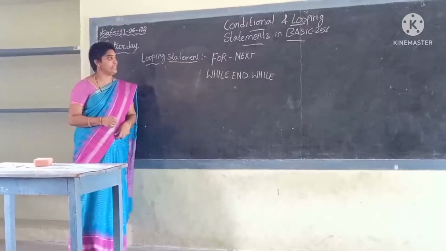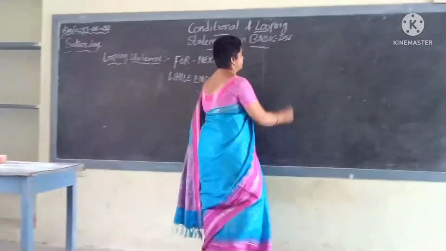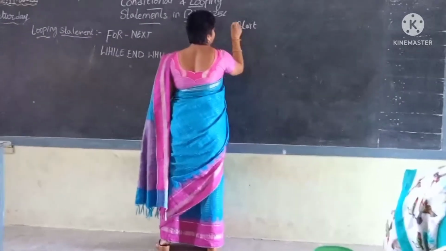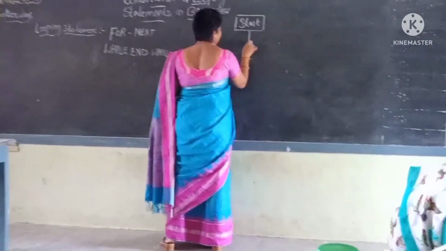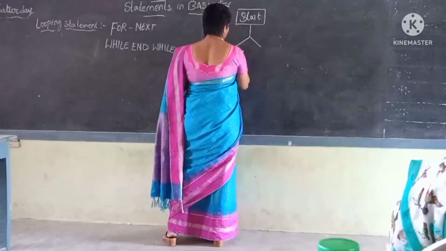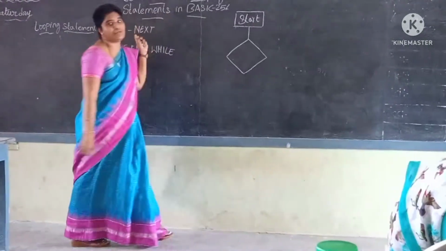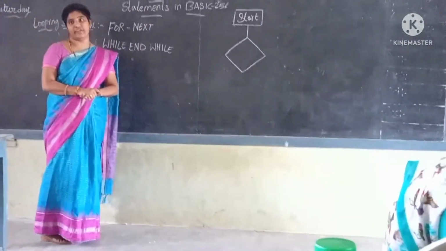I will show you the flowchart for the for next statement. Here for the for next statement we have to give one initialization variable, that is the counter variable.